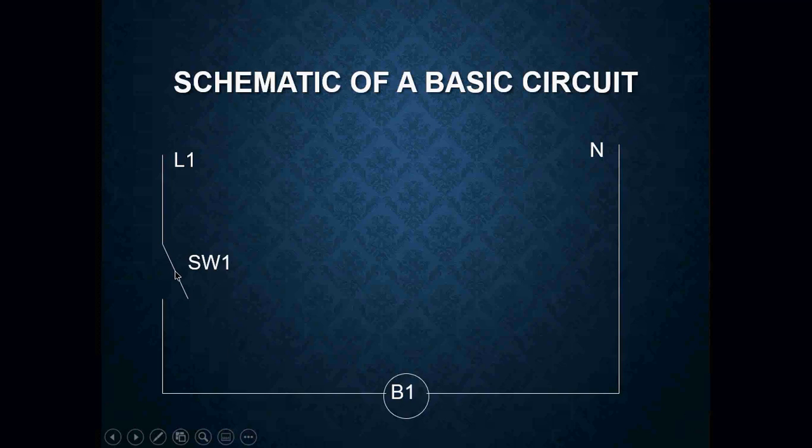When I think about switches, I like to think of them like a drawbridge. When the drawbridge is in the open position, the traffic cannot make its way down the road. But once I close this drawbridge and I make contact, that electricity can now flow down the road and into my load, where I can now do my work.